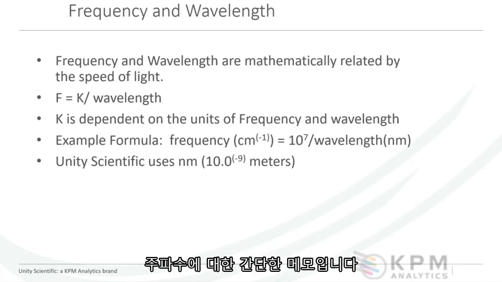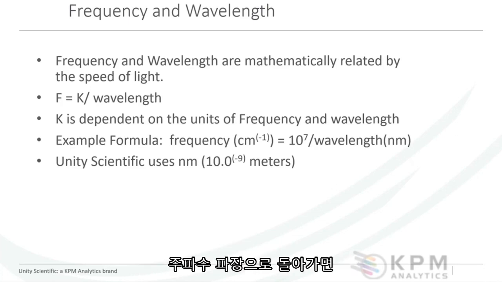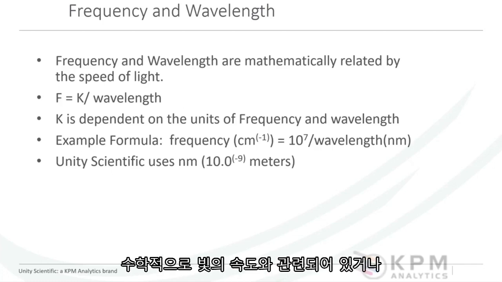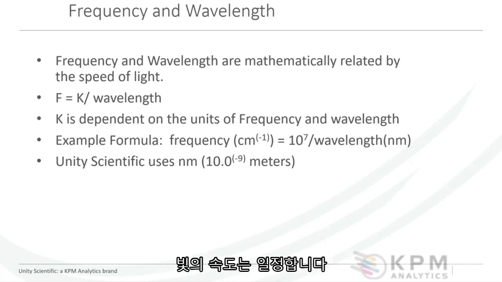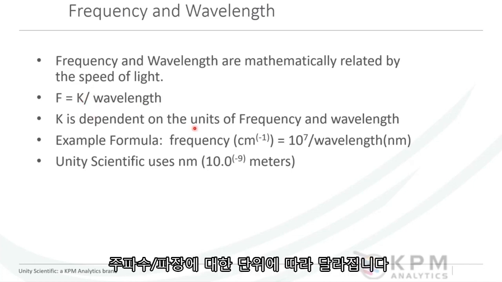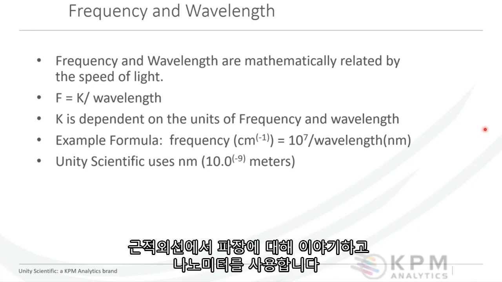Quick note about frequency and wavelength. If we think back to physics, frequency and wavelength are mathematically related by the speed of light. So the speed of light is a constant. So we can say that frequency has some sort of a constant over wavelength. And the constant is dependent on the units of frequency or wavelength. In speaking about near infrared, generally we talk about wavelengths and we use nanometers.